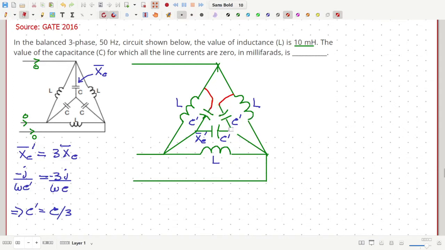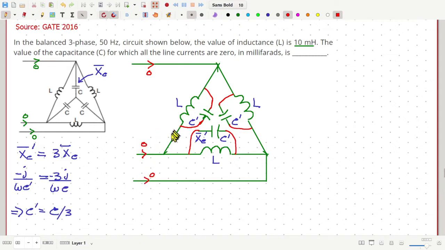Similarly, let me disconnect this wire and put the connections here, and same thing I will do here. So now we have a balanced loading again, and each load is a parallel combination of an inductor and a capacitor. We want these line currents all to be equal to 0.